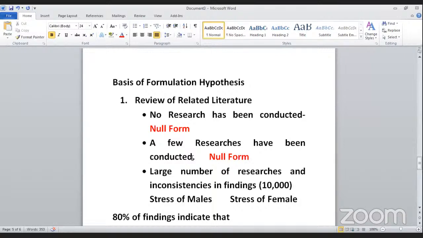But if large number of researches have been conducted, please see, this is important. Then you should further analyze the findings.